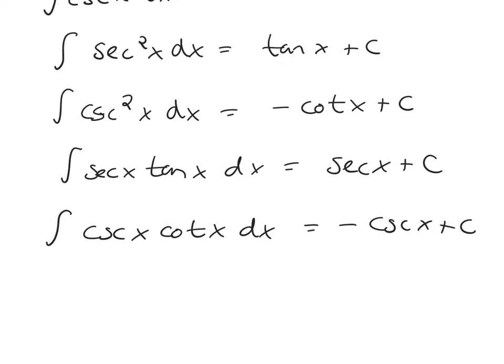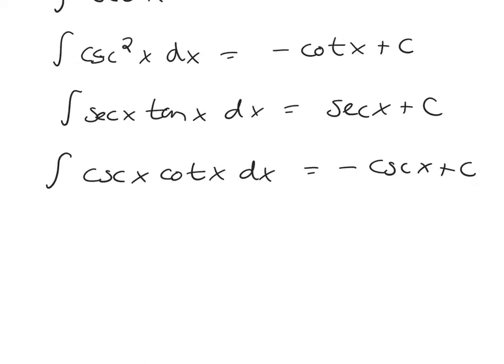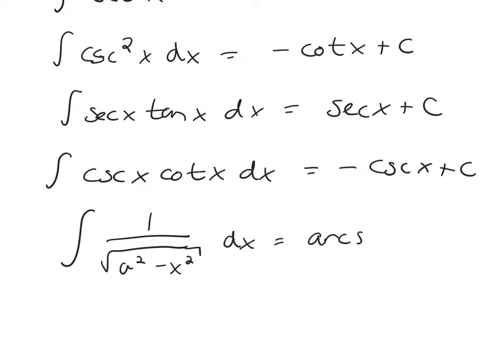And then the last three are the inverse trig functions. The integral of 1 over the square root of a squared minus x squared is arcsine of x over a plus c.